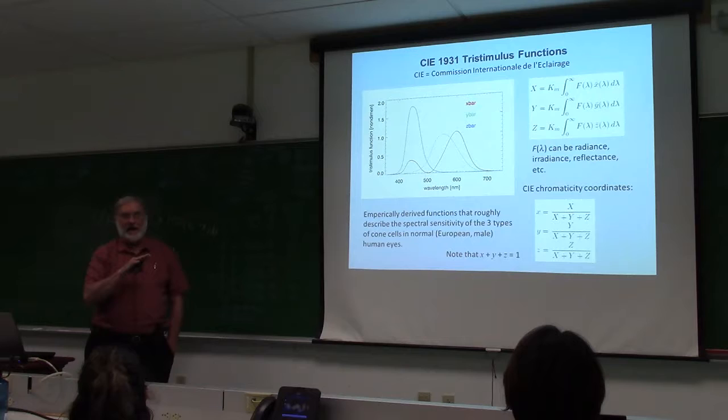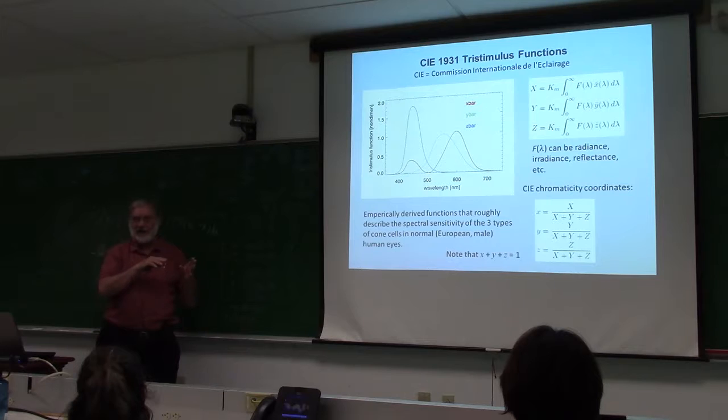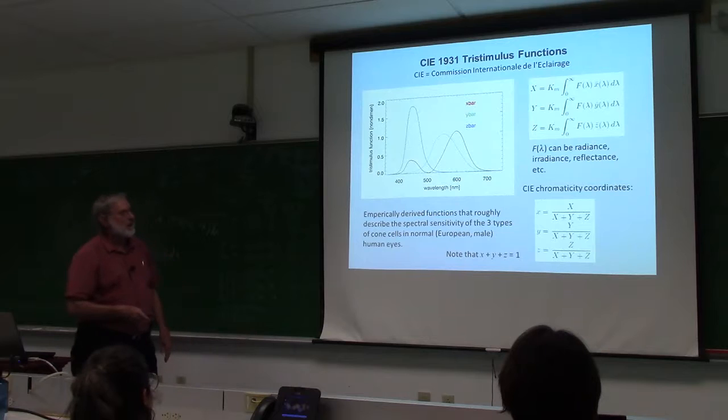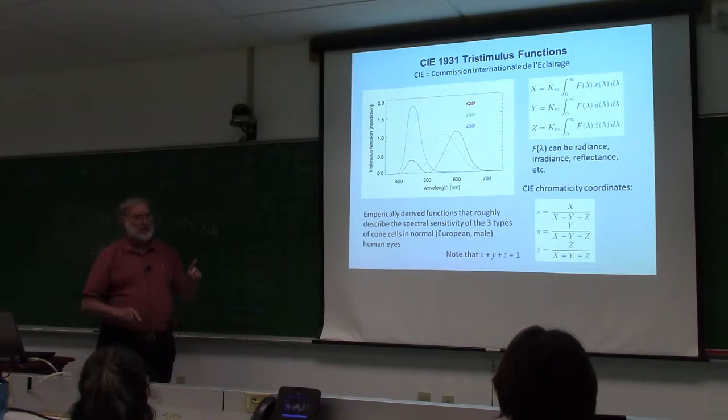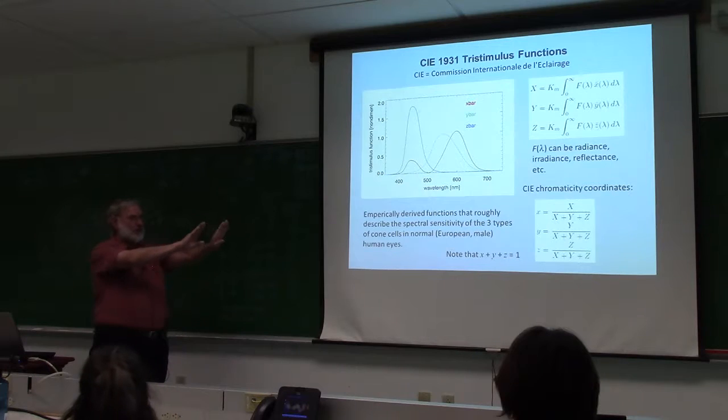In the human eye, there are 3 different kinds of cones that, very loosely speaking, kind of measure red, green, and blue. They're really, each one of them, sensitive to all wavelengths, but some of them are more sensitive to red than others, and some are more sensitive to green. So going back to the 1920s, they did a bunch of experiments where they would put, needless to say, white males in a room, and they show them 2 different screens, and they adjust a mixture of colors on one screen, and they hold the other one constant, and they adjust these colors until the guy says, oh yeah, those look the same to me.